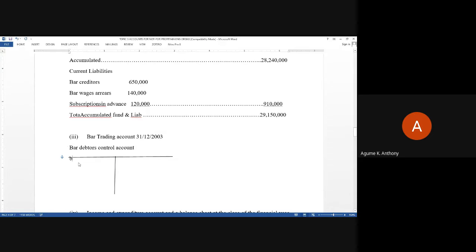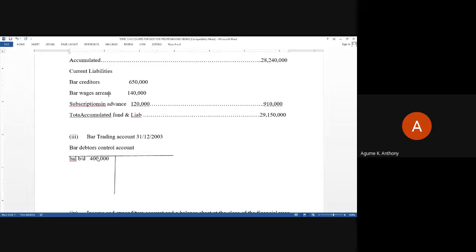So I will have balance brought down, and this balance brought down for bar debtors is 400,000. Then I need to see, have I been given balance carried forward?